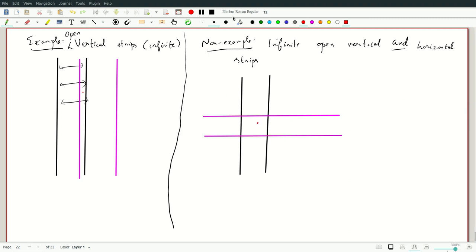Now let me spell out, this is my set V1, this is my set V2. Now this region here is V1 intersection V2. And so if I'm looking at B consisting of infinite open vertical and horizontal strips, I must have W, which is either a vertical strip or a horizontal strip, which is contained in V1 intersection V2 and contains this point, but that's impossible. So this is a non-example.